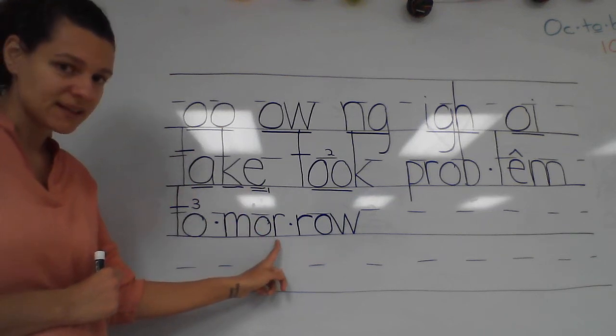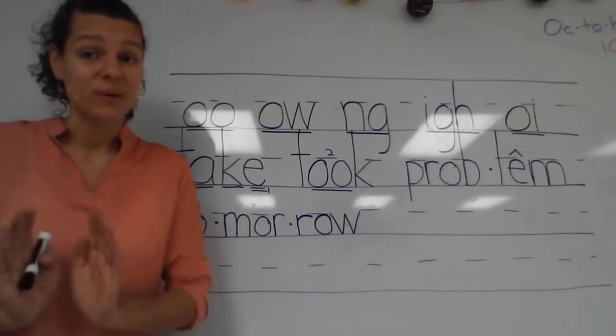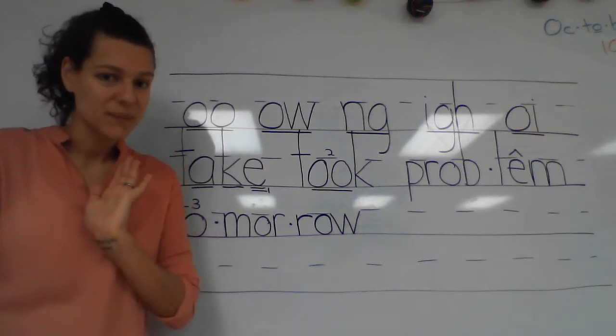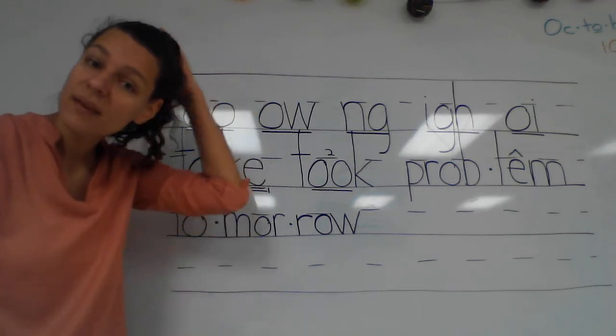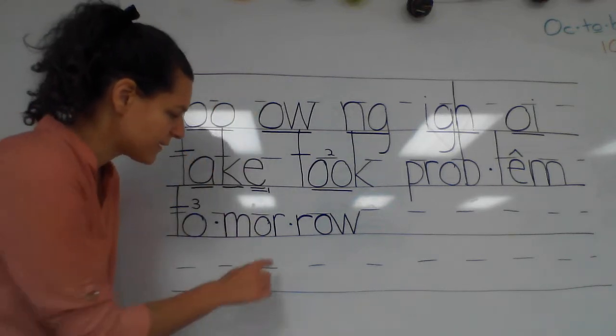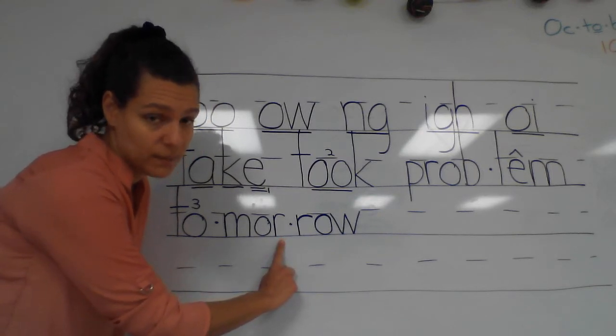Well, how about this? All right, whatever you're showing me, put it down for 1 second and just listen. We haven't seen this a lot, but we will see it. This is a two-way word because we don't hear this when we're saying tomorrow.